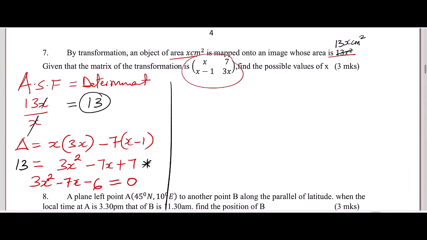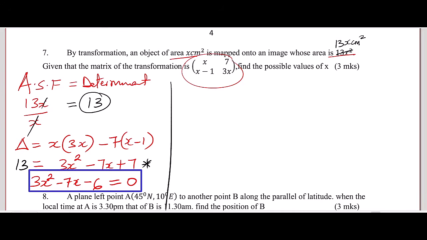So you can see you've ended up having a quadratic equation, and when you solve this quadratic equation, you get two values of x, and that is what is going to give you the solution. So we solve this quadratic equation. So you can use any suitable method, quadratic formula or factorization. So I'll use factorization to solve this.